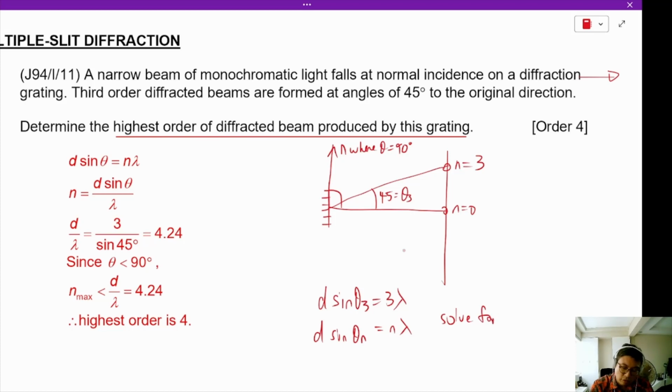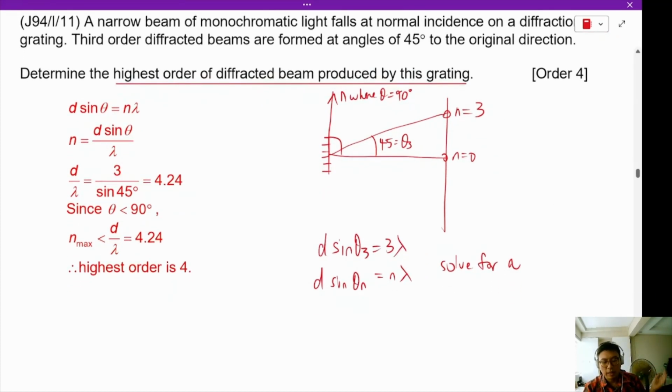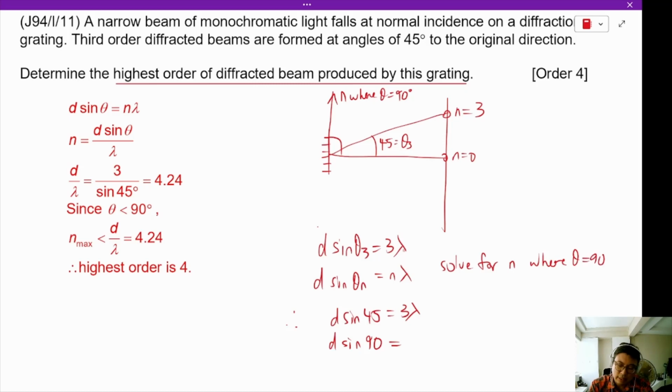Solve for n. Basically, we are going to fill in the values. We put d sine 45 equals 3 lambda, and d sine 90 equals n lambda, solving for n where theta equals 90 degrees.